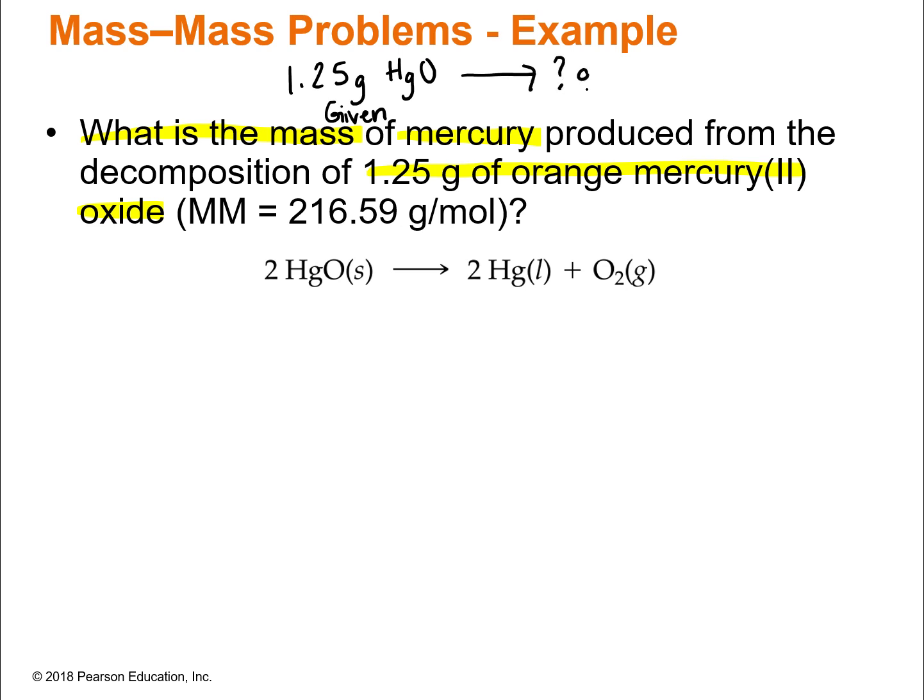What we need to figure out is the number of grams of mercury. When you have a mass and the question is asking for the mass of another component of the reaction, it's a mass-to-mass problem. You're converting the mass of one thing to the mass of an unknown thing.